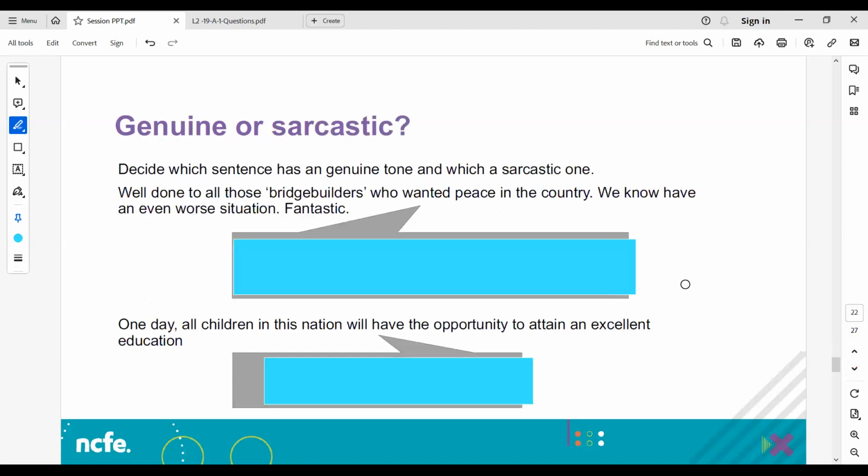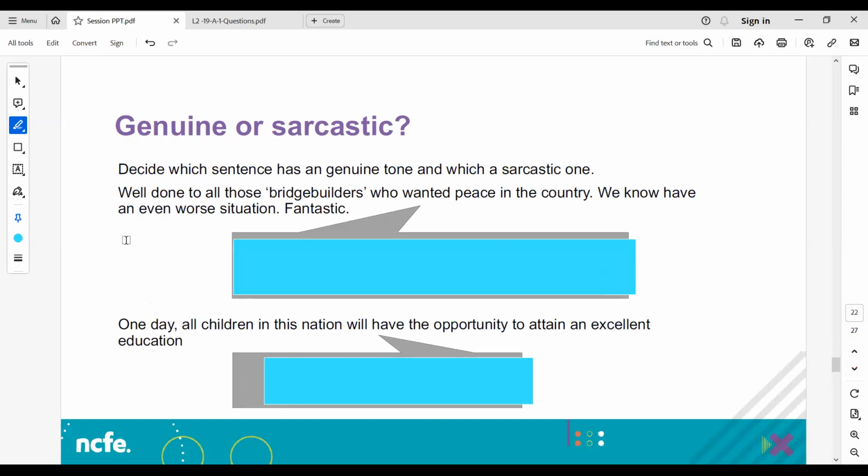Okay. So genuine or sarcastic. So which one is which, which is a genuine tone and which has a sarcastic tone? So well done to all those "bridge builders" who wanted peace in the country. We know, sorry, that should be now.